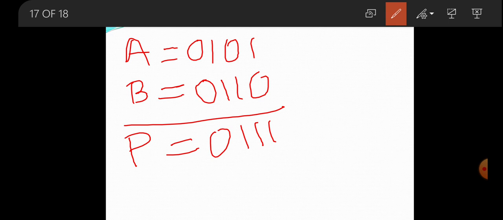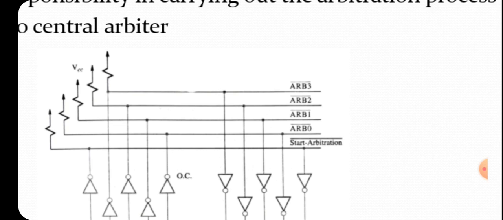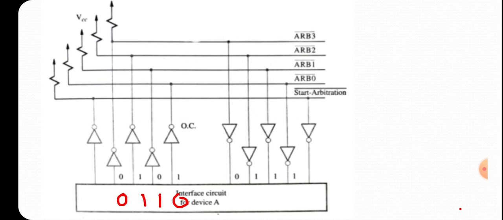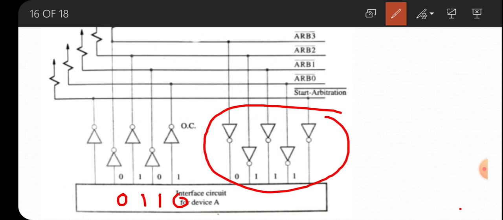That means it corresponds to the pattern generated by this circuit. You can see here, this is the pattern 0111. This pattern is created by the arbitration line based on the logical OR of bits connected to it.